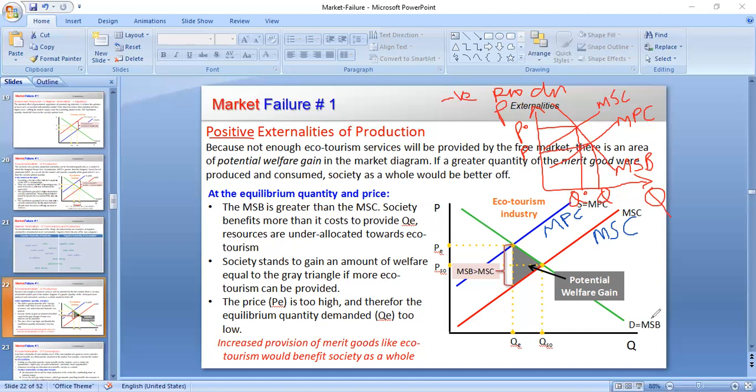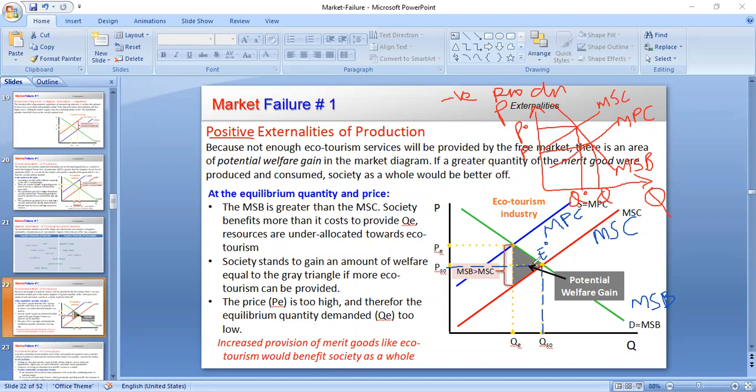this other demand curve that cuts across is going to be the marginal social benefit. Remember, the demand curve represents the marginal benefit, marginal social benefit. Then you look for a point where the marginal social cost meets the marginal social benefit. That will be the point of optimal efficiency, which we are calling QS naught, and it will generate a corresponding price, PS naught.